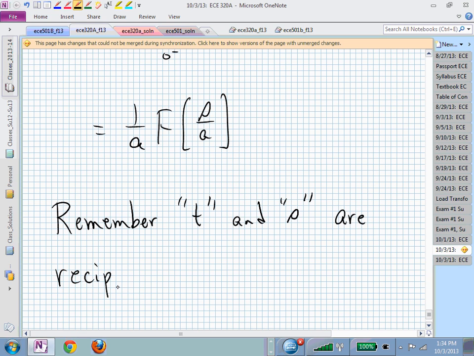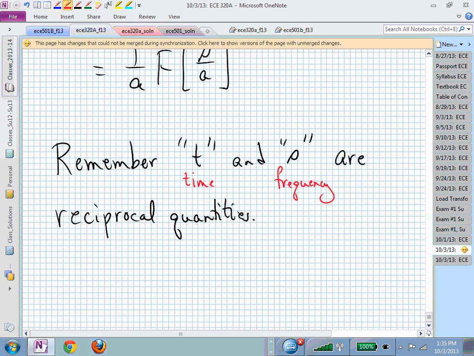These are reciprocal quantities. That's how you can sort of think of s as being a frequency. When it multiplies t, you get a dimensionless quantity, which says then that they act in inverse relation to each other.